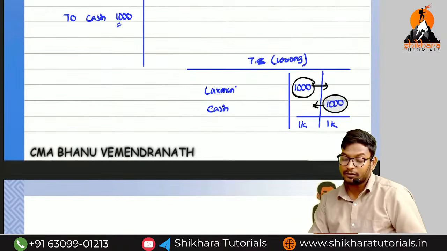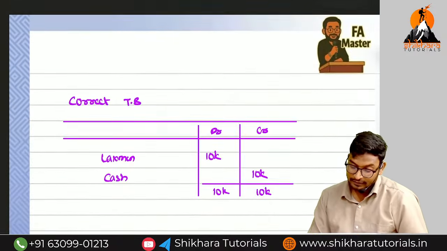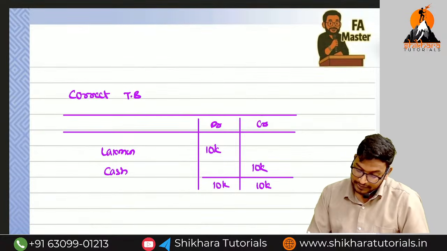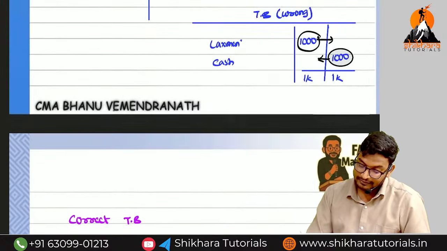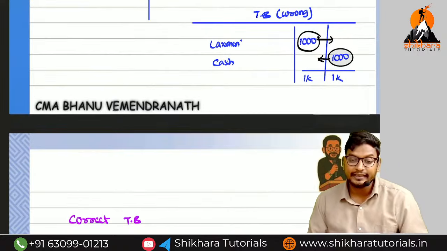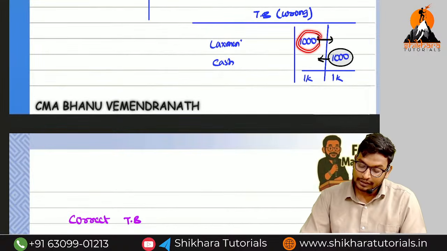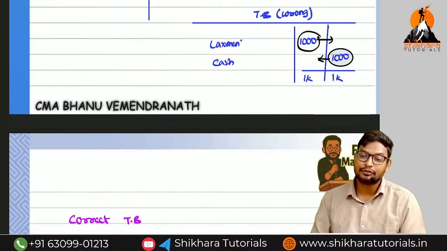But they have recorded wrongly what? 1,000 and 1,000. So see here, sir, Lakshman to be debited 10,000, and minus in the credit side with 1,000 means what we need to do? Directly we can write the 9,000. So Lakshman debited with 10,000 and now we are going to do what? Crediting means we have to reduce. Same side means we have to add.